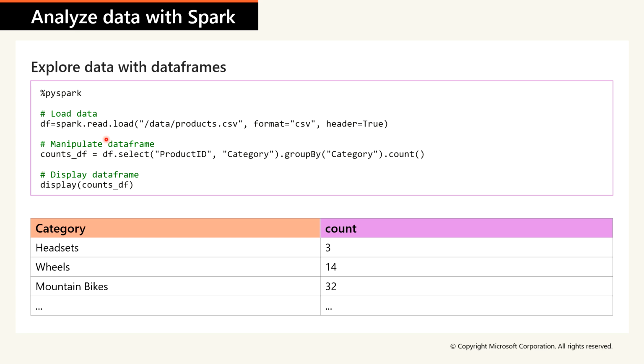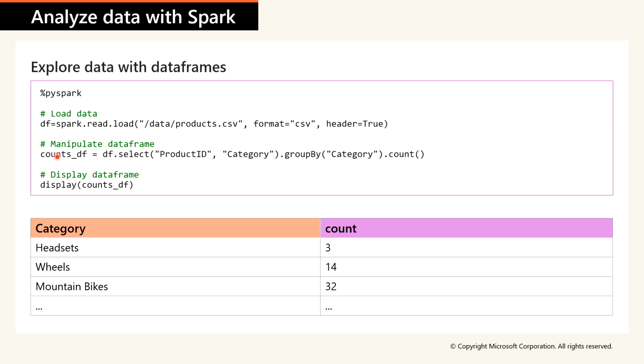Then we have spark.read.load, which is a method to read the data, and then we have the location, which is the path for our CSV file, and then we mention the format, which here is CSV. Similarly, whatever file format you have, you can mention that format here. Then we mention header is equal to true, which tells Spark the first row contains column names, and we store all this data inside a data frame variable.